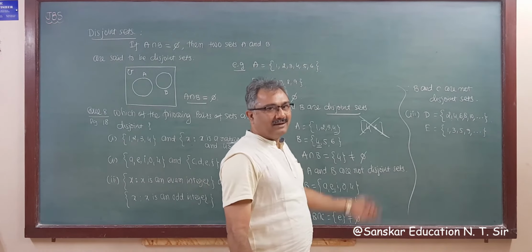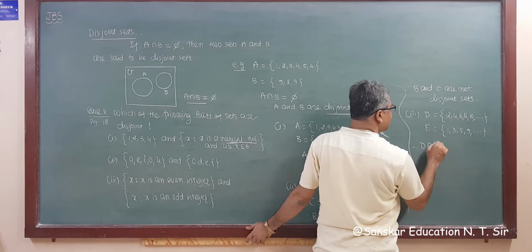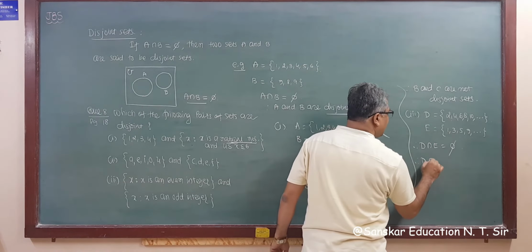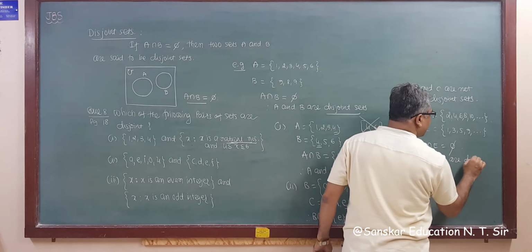Right? So clearly D intersection E is the empty set. Therefore D and E are disjoint sets.